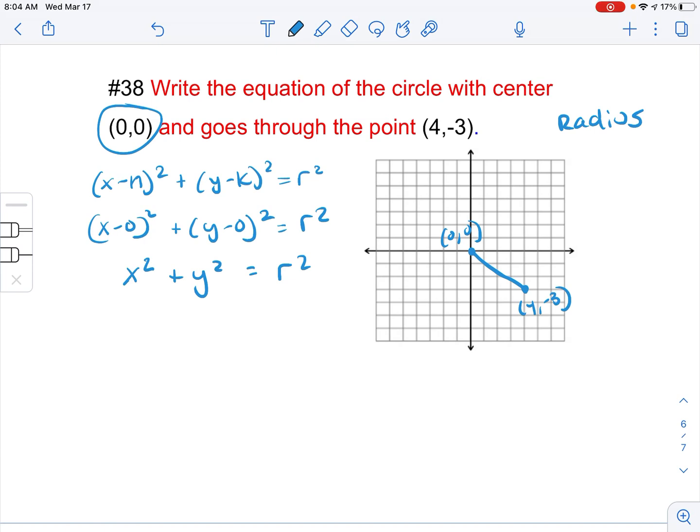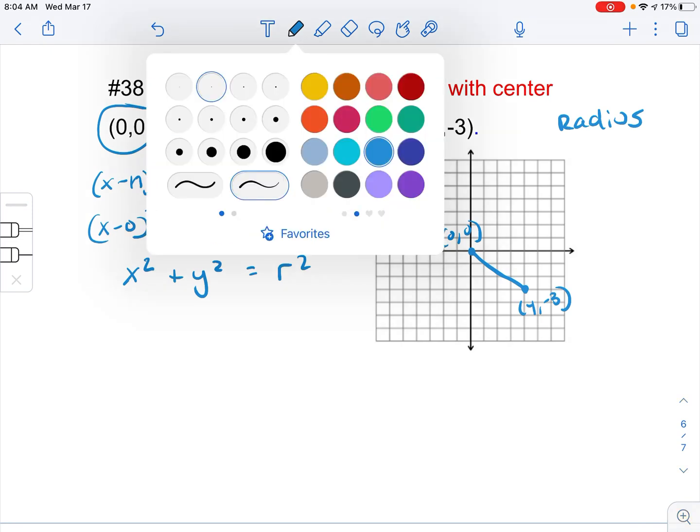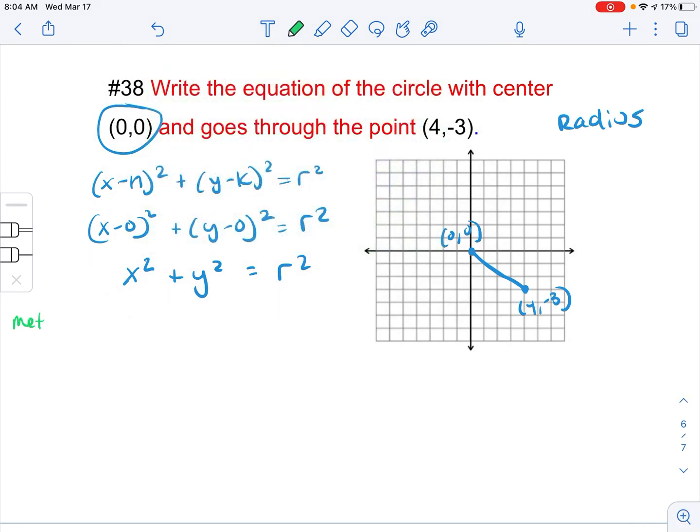Now, there are 3 ways to do this. The first of which is to actually use the equation itself that we have plugged in. Because we have an x, we have a y, all we need to do is solve for r. So method 1 is to use the equation. So my x value is 4, my y value is -3, and we are solving for r².